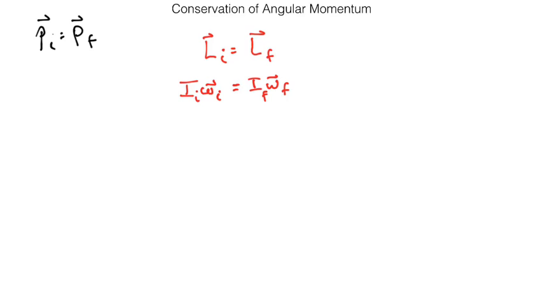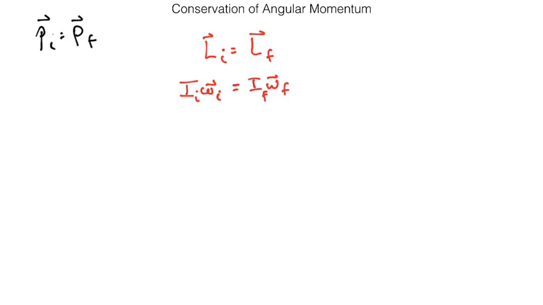So in this situation, like an ice skater or me on the stool, the thing that changes pre and post, initial and final, is the moment of inertia. This is really what you want to be looking for in most conservation of angular momentum problems. You're not so much looking for things coming into contact, although it does happen, but more you're looking for changes in moment of inertia.